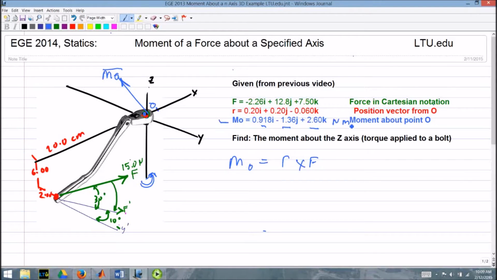I should have the units up there because our position vector is in meters and our force is in newtons, so the moment is Newton meters. And we calculated that moment by evaluating the determinant, with I, J, K, our R vector and our F vector.